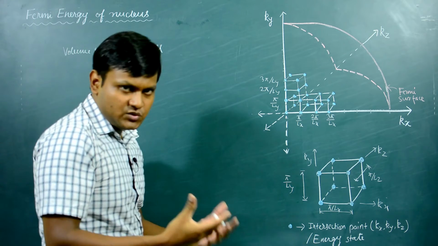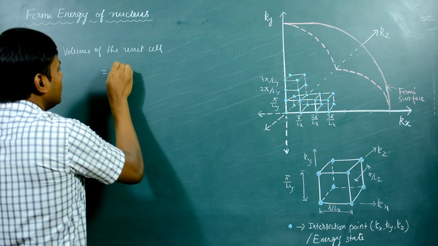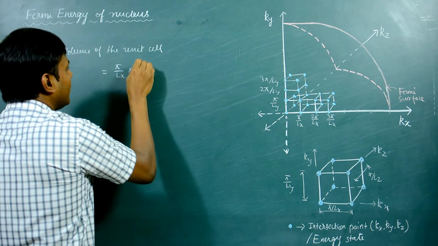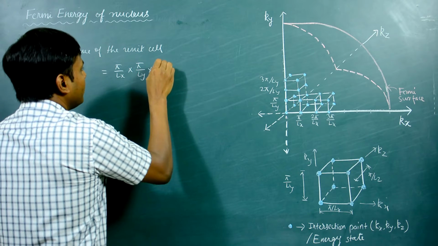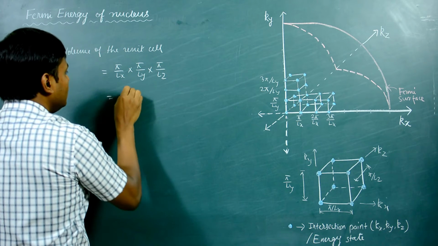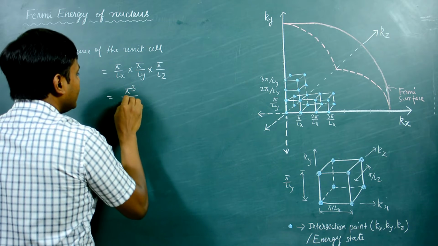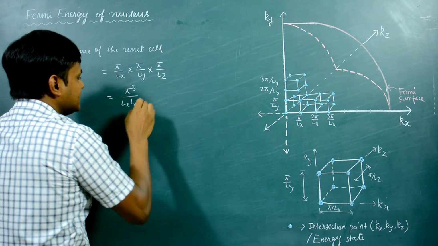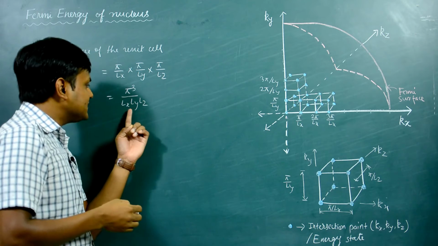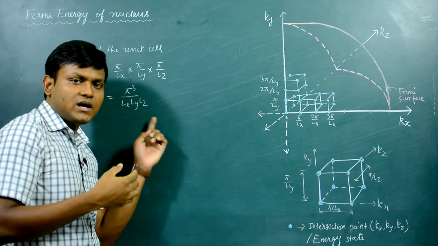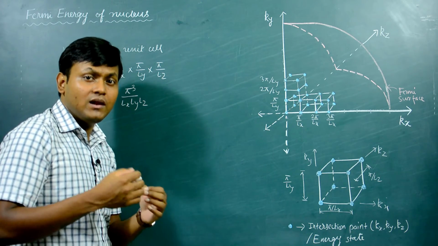in the k space would simply be equal to pi by Lx multiplied by pi by Ly multiplied by pi by Lz, which is equal to pi cube by Lx Ly Lz. Now please remember that Lx, Ly, Lz by my definition are the lengths of the square well potential.